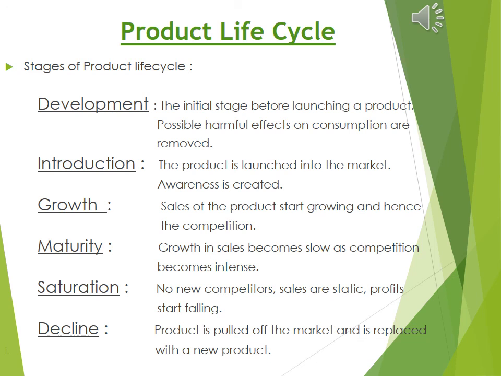Every producer will try to capture whatever the market is left, and hence prices may be slashed. To remain in the competition, producers often lower their prices. Hence sales and profits start falling in the saturation stage.